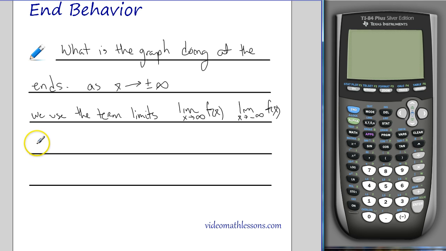And we can either use the graph itself, or you can use the equation if you know what the parent function looks like. So we can use the graph, or just the equations.